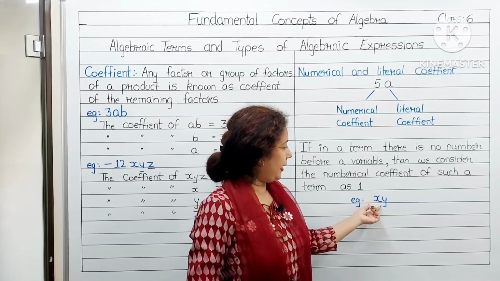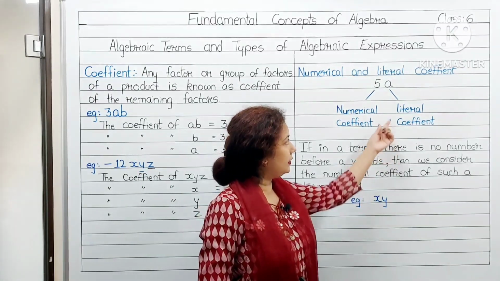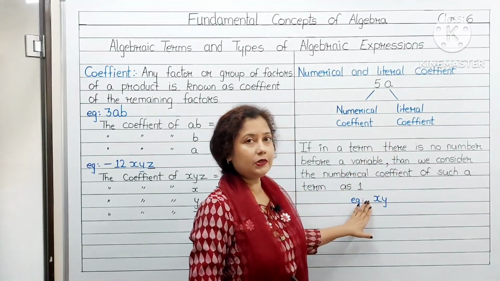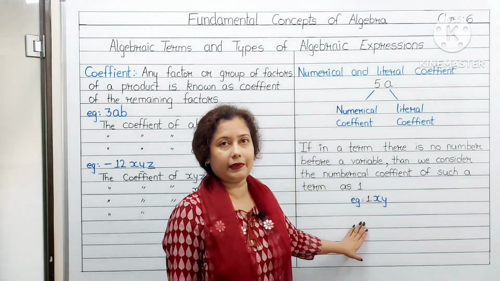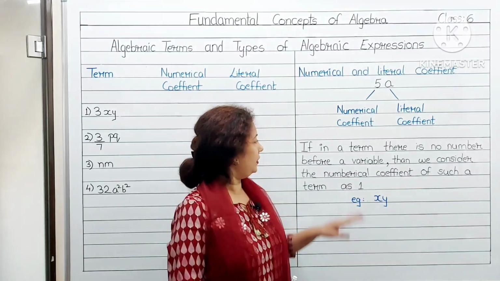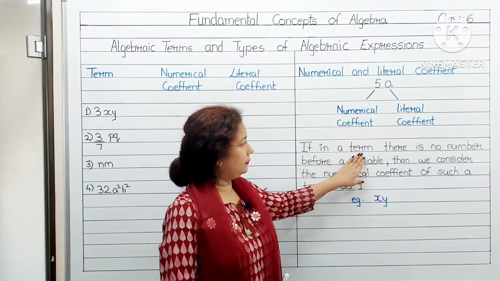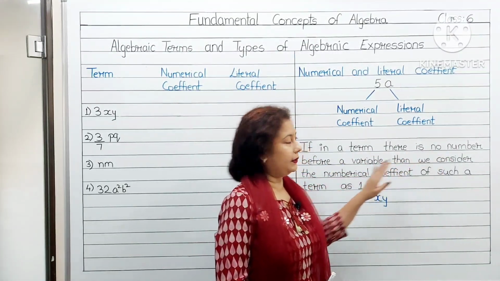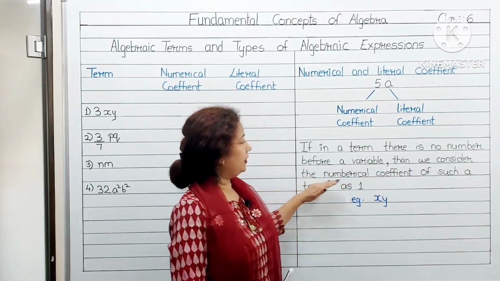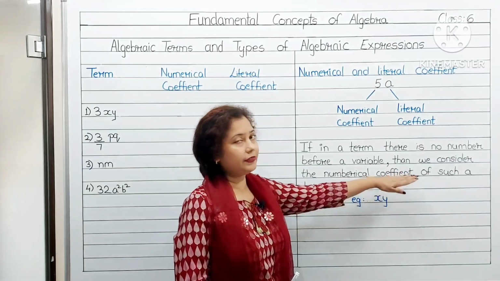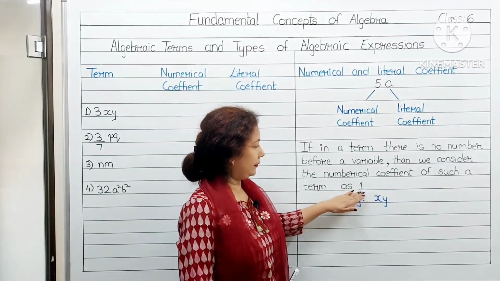For example, xy. So here xy is the literal coefficient and it is understood that the numerical coefficient in this term is 1. So we have to remember, if in a term there is no number before a variable, then we consider the numerical coefficient of such a term as 1.